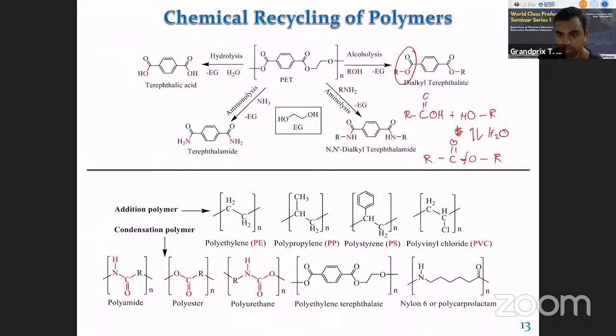But for polymer, this is a very long chain. For water to get access to this ester bond, it may be harder compared to a small molecule. But if water can get to the ester bond, it has the potential to break the bond. That is the main reason we can make polymer degrade.